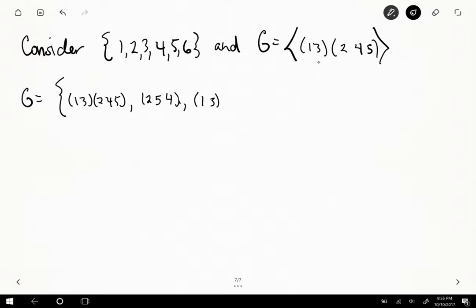After that, what happens? 3 goes to itself, and then 3 goes to 1, and you can see it does close off. So what about the next element? 2, where does 2 go? Well, 2 goes to 5, and 5 goes to 2, so 2 goes to itself. So we could actually get rid of that 2.